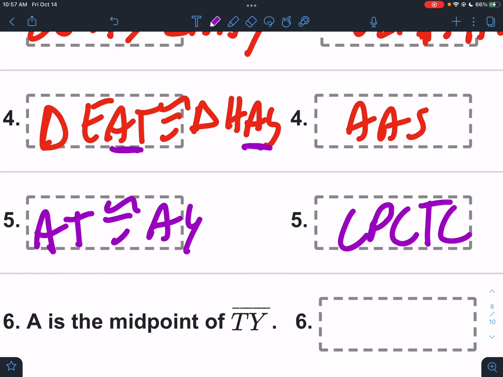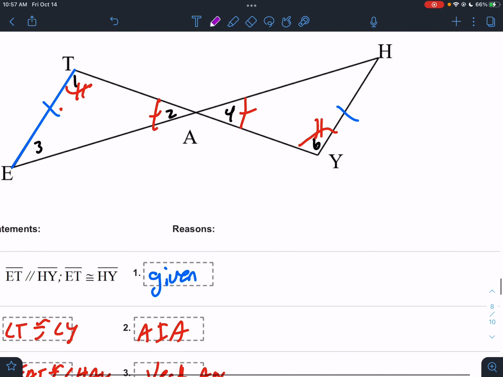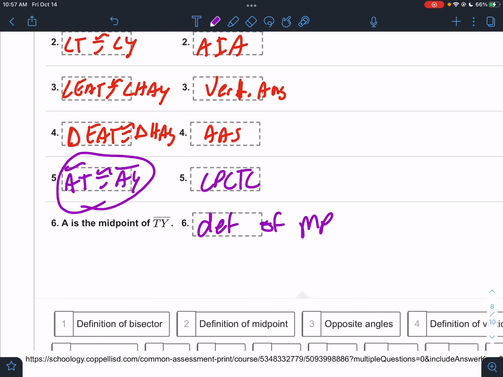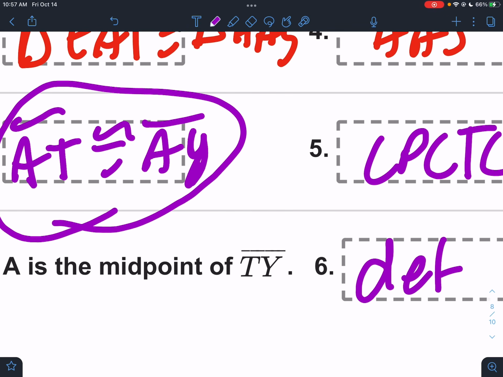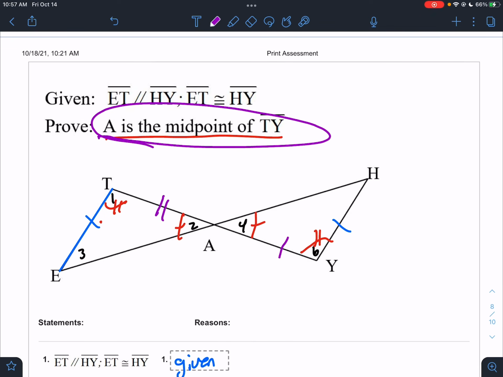AT, AY, we know they're congruent from the triangle congruence we just wrote down. Now, do we know that that's the midpoint? Yep, and that's just the definition of a midpoint. So once we knew those parts, AT and AY, were congruent, that made A the midpoint. Now A, we know for sure, is in the middle.